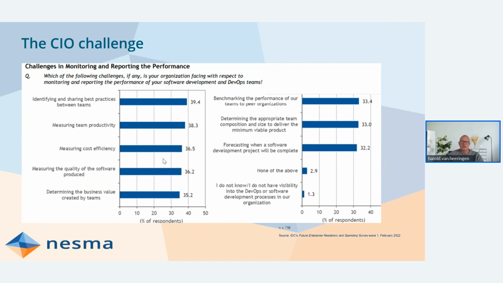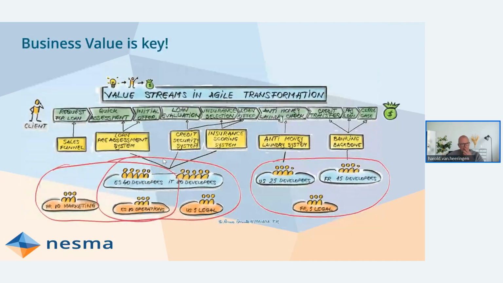These are the types of things that CIOs are struggling with. If you look at it a bit more closely, you see here on the bottom all the guys, developers working on a lot of features. And in the end, you see the money on the right. So all this work should somehow result in some business value for the business.